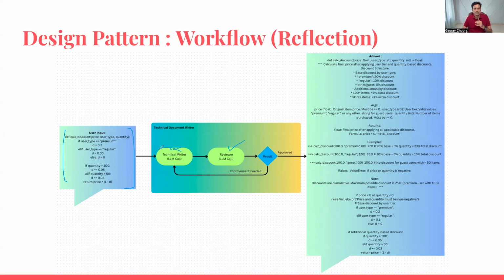Now this technical writer component will take this input, which is the code, understand the code, and start coming up with the documentation. The reviewer will look into the documentation of the code and see whether it is covering all the aspects. For example, does the documentation first of all contain all the conditions that are required, and are those conditions all captured in a nice, clear manner?